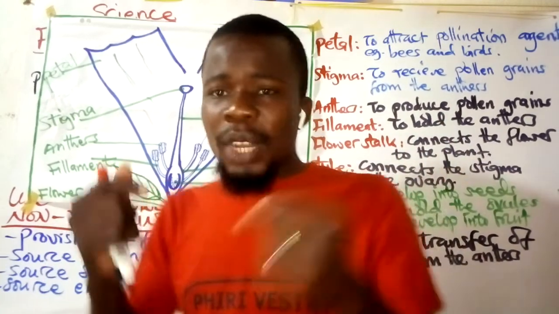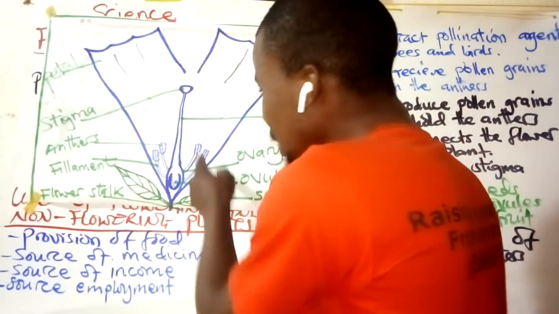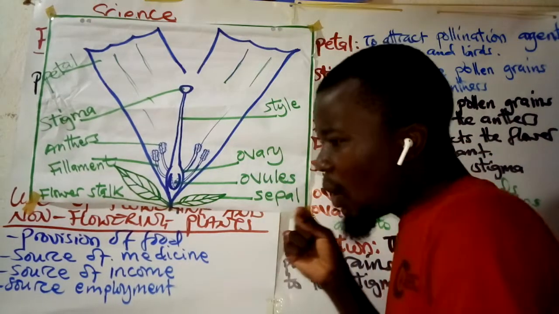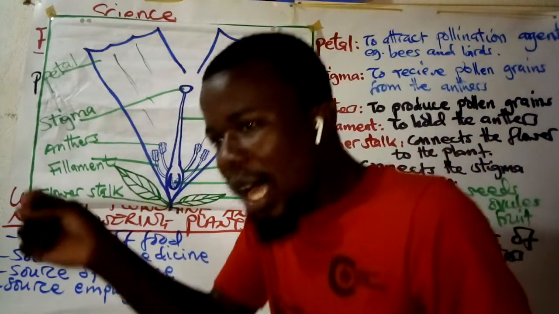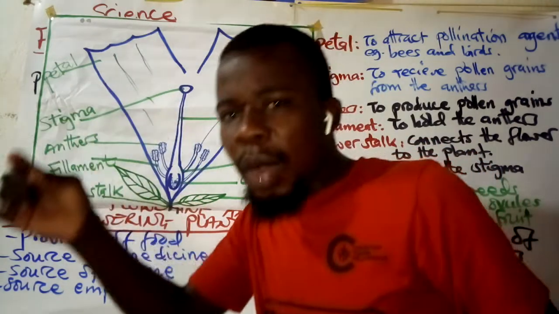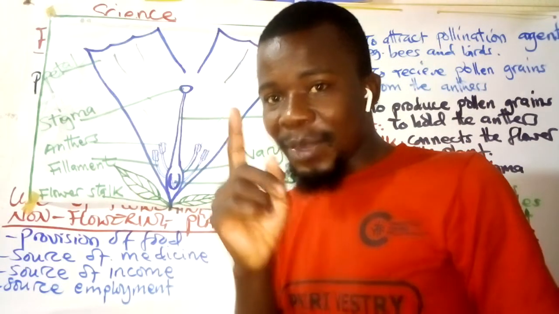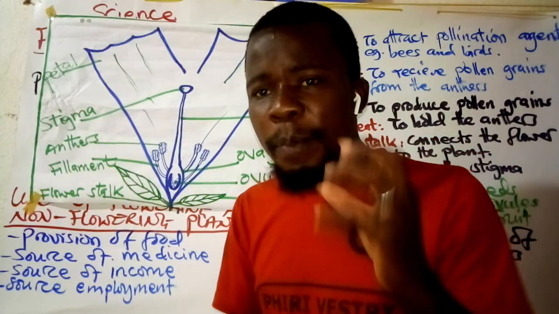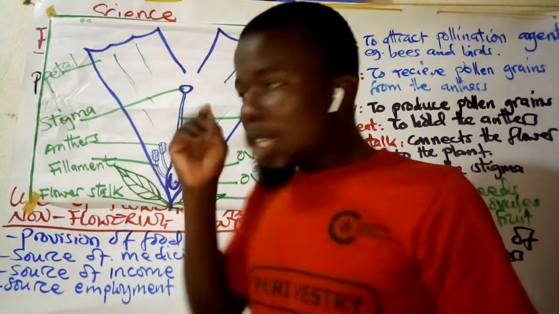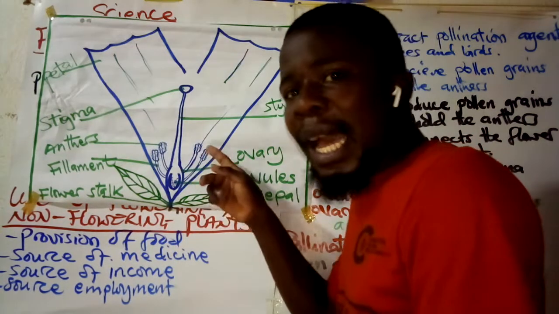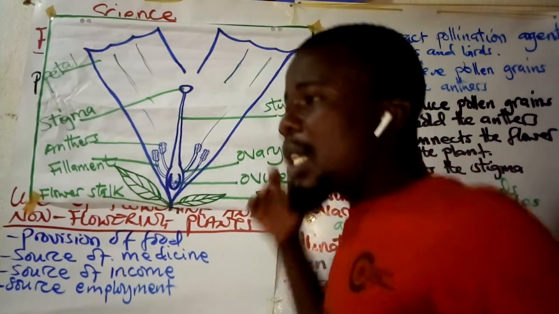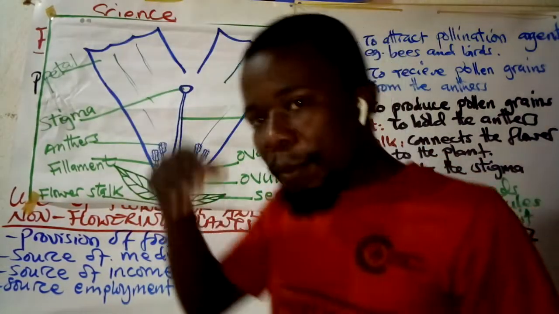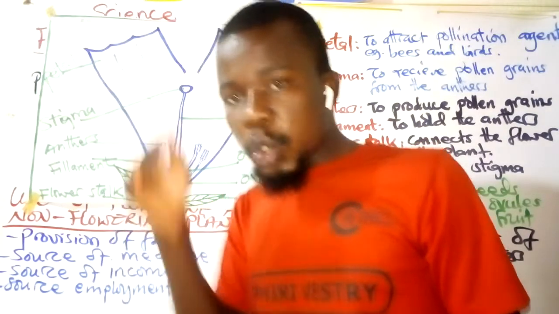Self-pollination is the transfer of pollen grains from the anthers of a flower to the stigma of the same flower or another flower but on the same tree. That is what is called self-pollination.